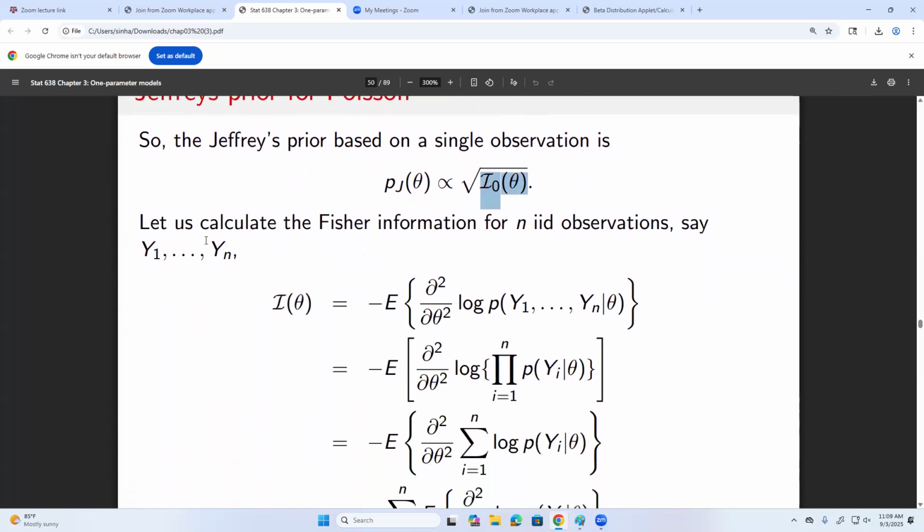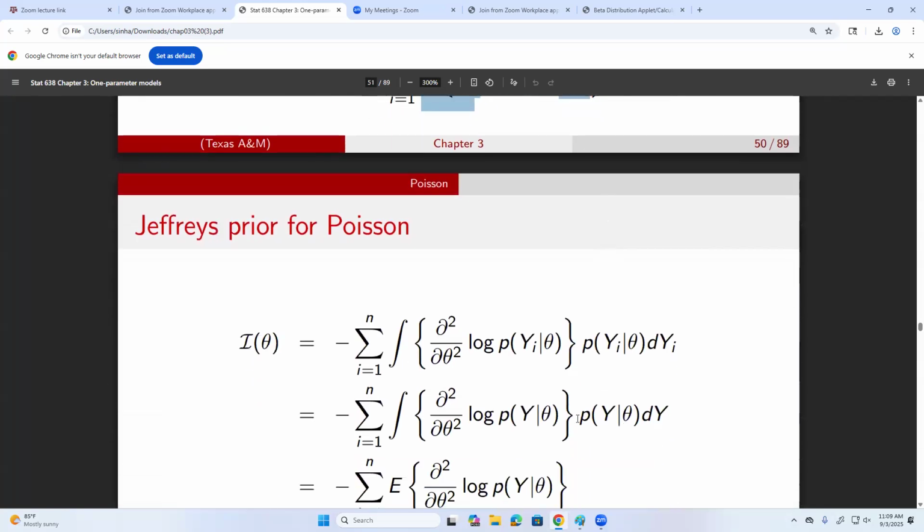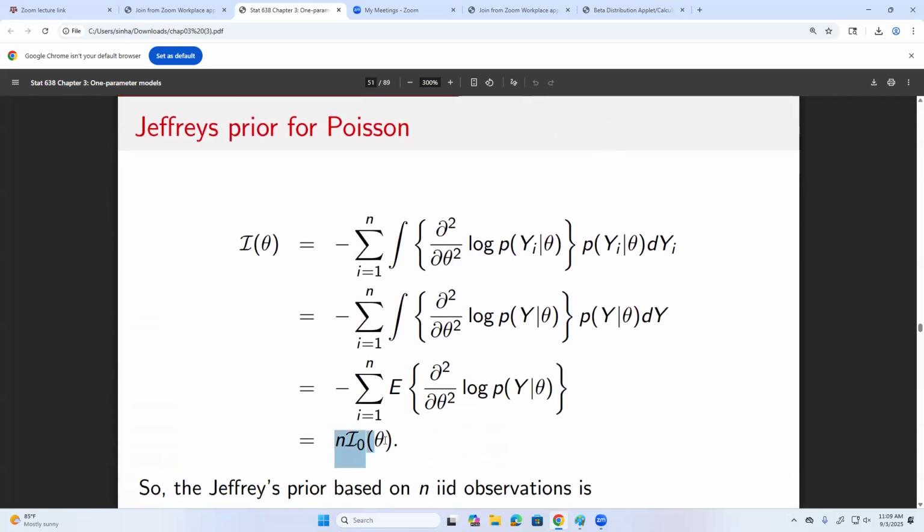Now let us calculate Jeffreys prior based on n observations. If it is based on n IID observations, what happens? Your log likelihood then consists of n components, and you take the summation outside and take expectation of every component, and it turned out it is n times I0 theta.